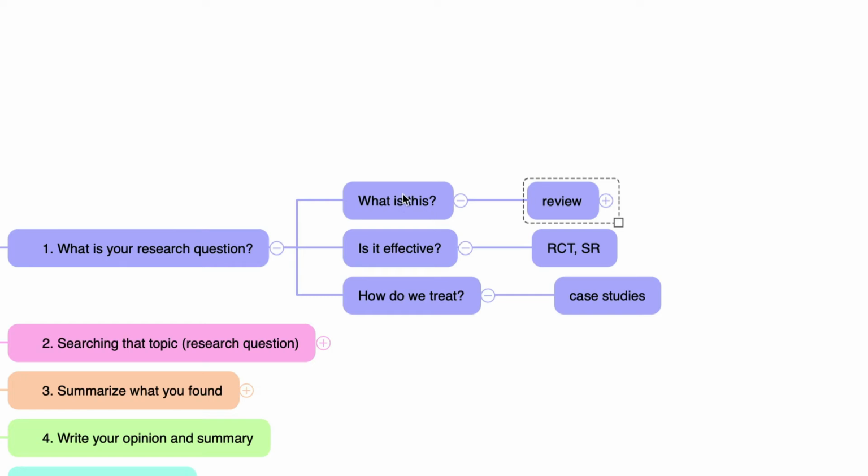Second, what is this? How does acupuncture work? What is the mechanism of acupuncture? And the second question might be, is it effective? I think you will have a lot of this kind of question.